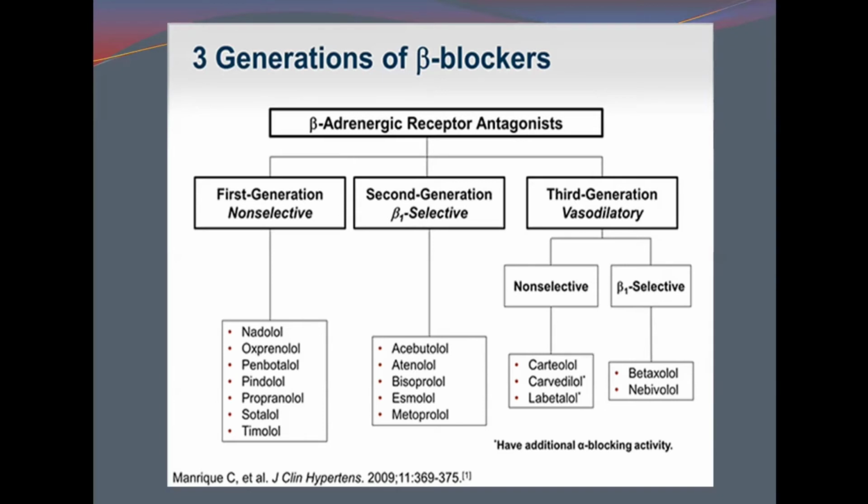The third generation is basically vasodilatory in action and subdivided into non-selective and beta-1 selective. The beta-1 selective includes nebivolol and betaxolol, and the non-selective includes carvedilol and labetalol, and these drugs also have additional alpha blocking activity.